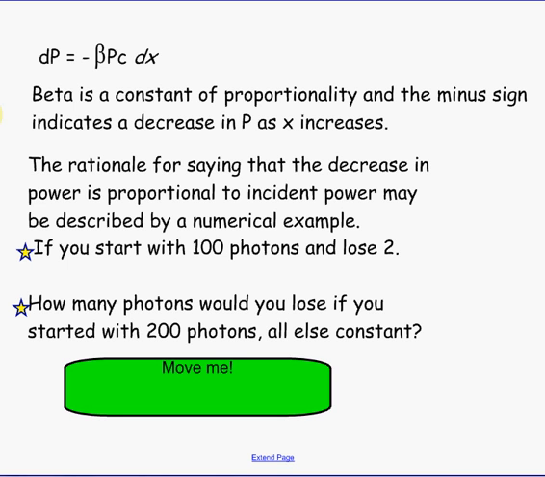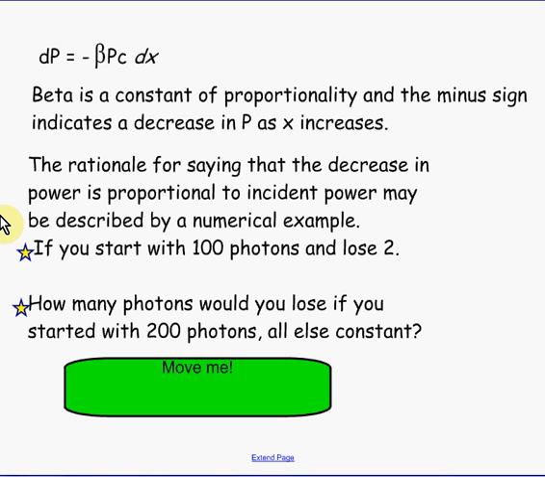The minus sign in this equation indicates a decrease in power, P, as x increases.